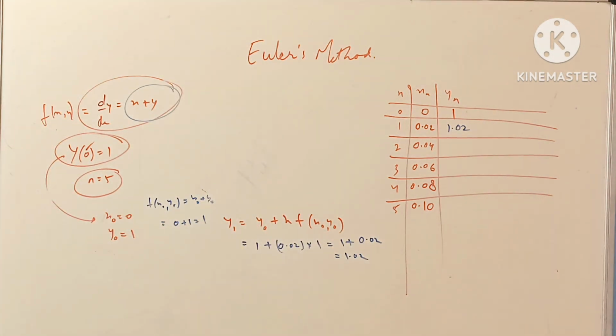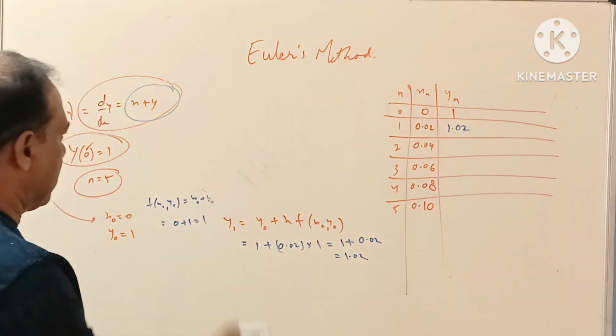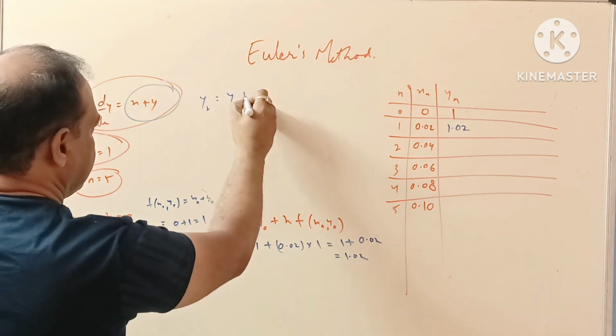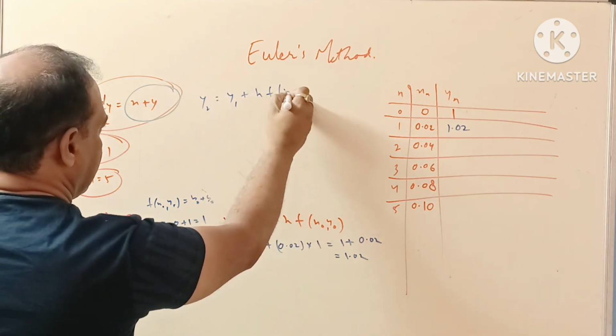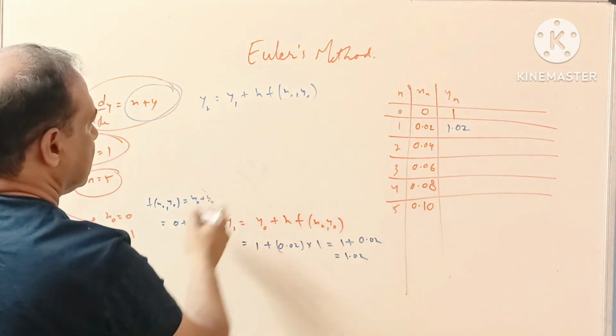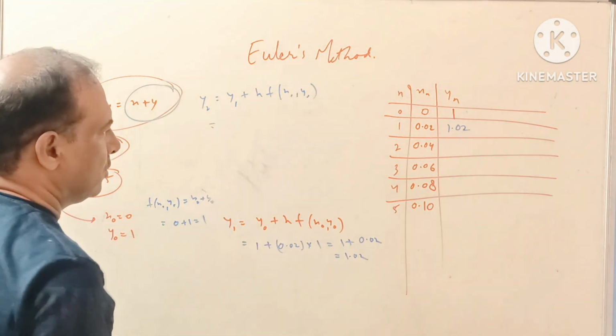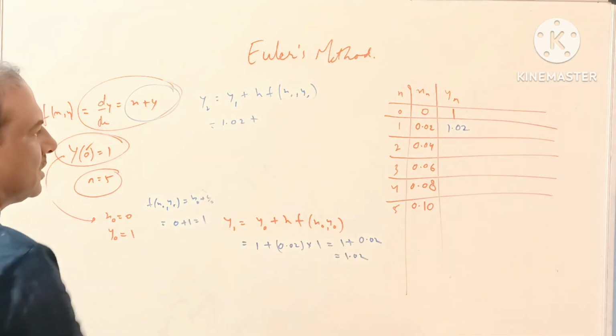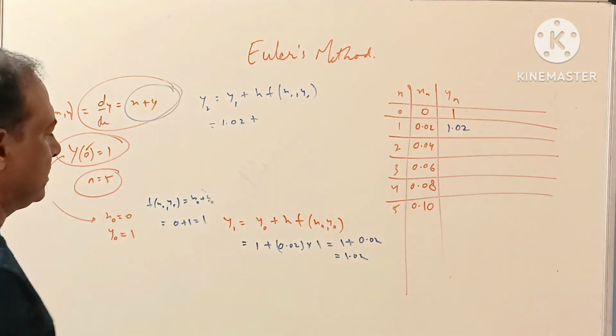Now I have to go with y2, since y1 is already done. y2 = y1 + h f(x1, y1). How much is the value of y1 here? y1 is 1.02, plus h, which is 0.02.